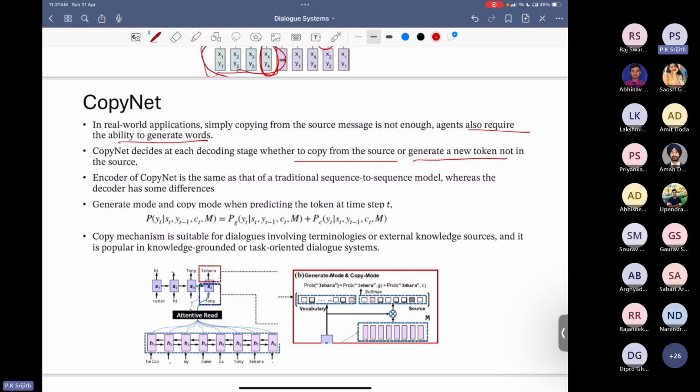So you can think of the probability distribution over words as a combination of two probability distributions. The first component of that probability distribution, you can think of as doing a generation. This generates a new word. And the second component can be seen as just doing a copy of one of the words in the input sentence.